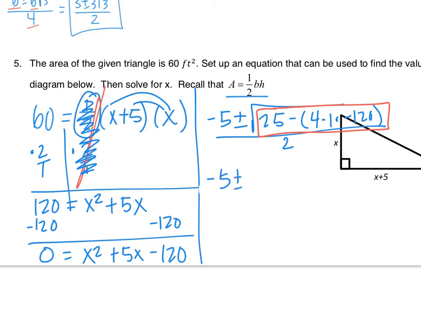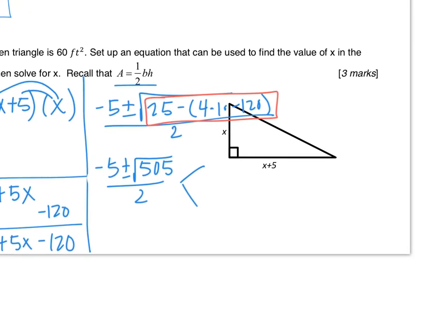So we've got 25 minus 4 times -120. And we get 505 with the square root still around it. So now I'm going to get my two answers. And because we're working with lengths, I am going to get decimal answers. I'm not going to deal with the simplified square roots.